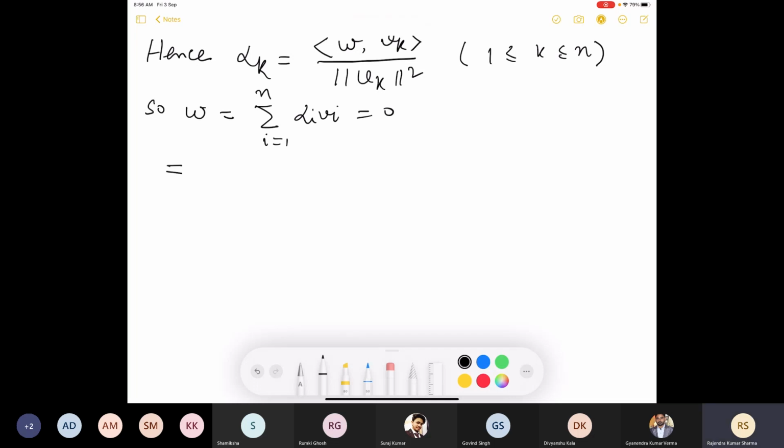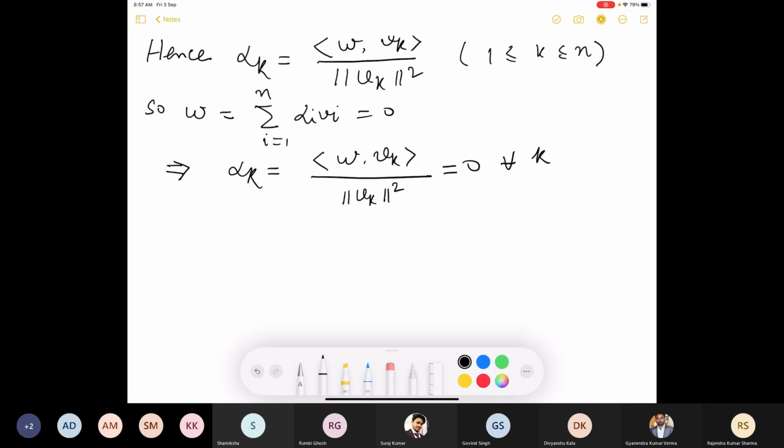Then this will imply that alpha k, the coefficients, which are the inner product of this with Vk by norm of Vk square, is 0. And that is for every k from 1 to n.